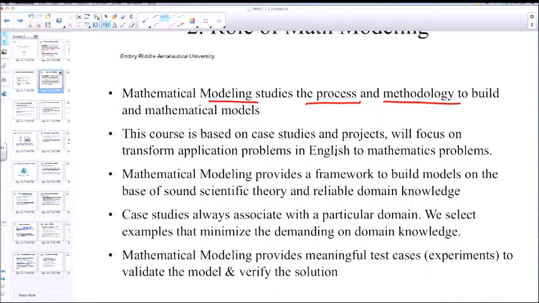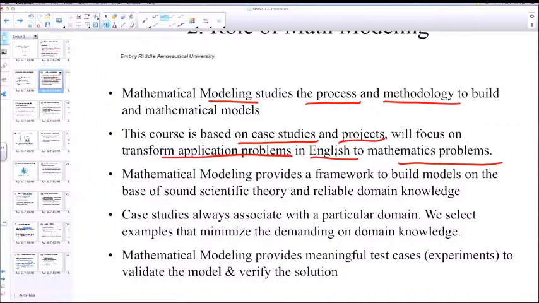And then to help you gain the experience, we are going to provide a lot of case study projects. The focus now becomes to transform application problems written in natural language into mathematics problems.